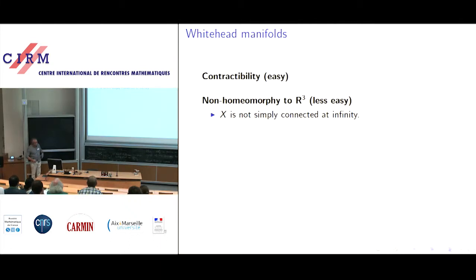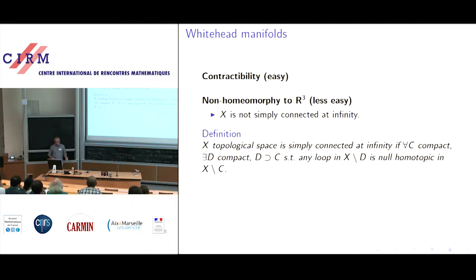One of the properties which shows that it's not homeomorphic to R3 is to show that this space, the complement of this fractal set, is not simply connected at infinity, which is a standard notion in topology, but let me recall what it is. So this is a definition, just in case Bourbaki people are in the audience. Let me describe with hand how it works.